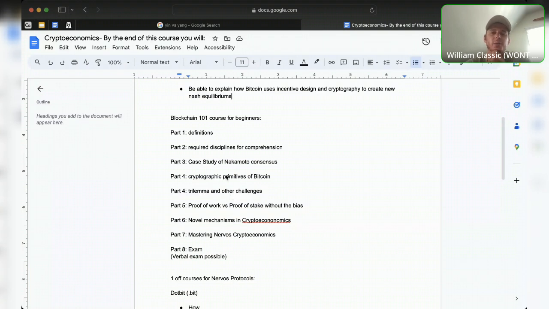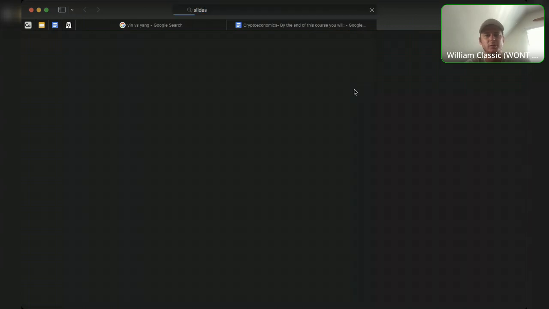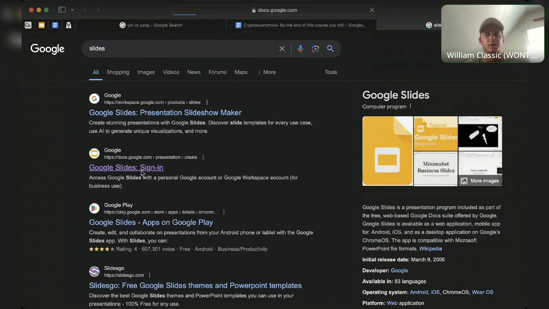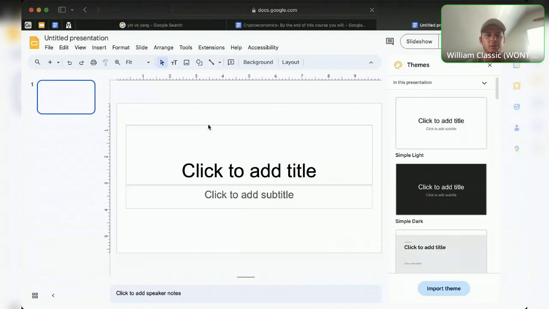And we'll start with definitions. So I'm going to hyperlink it to a slide. And this is how we're going to do it. Definitions, part 1 of NU courses.